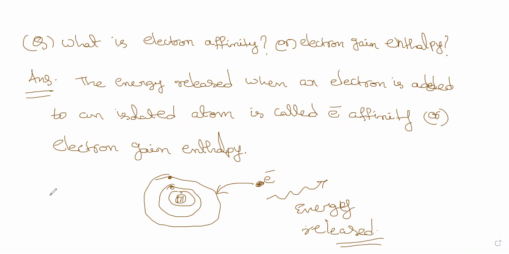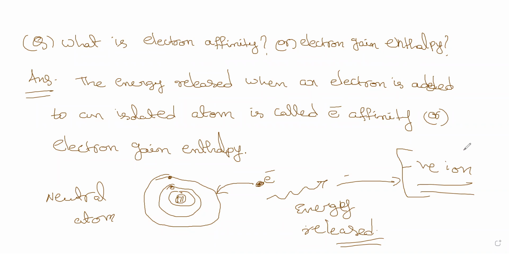This is not a charged atom. When you add an electron, energy will be released, and you make a negative ion also. So that energy release is characteristic of the atom's behavior. Okay, so that is called electron affinity.